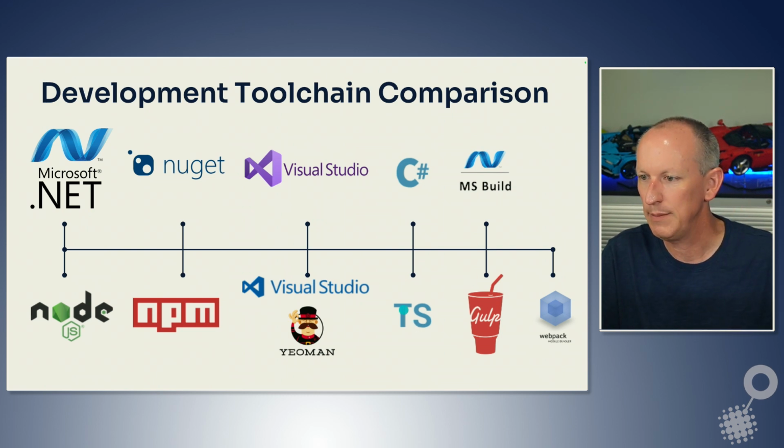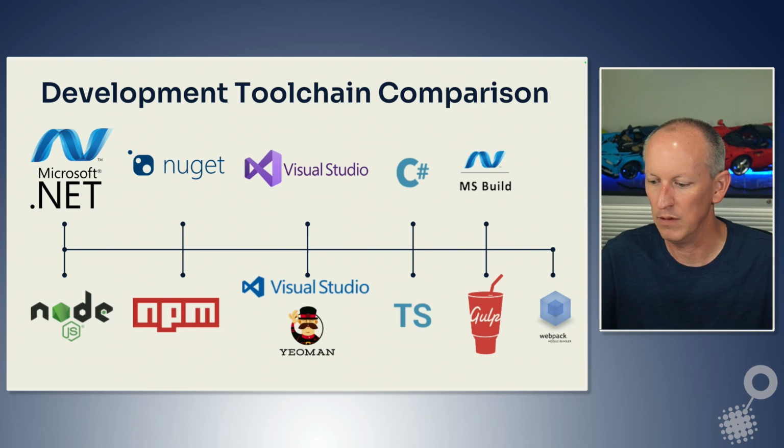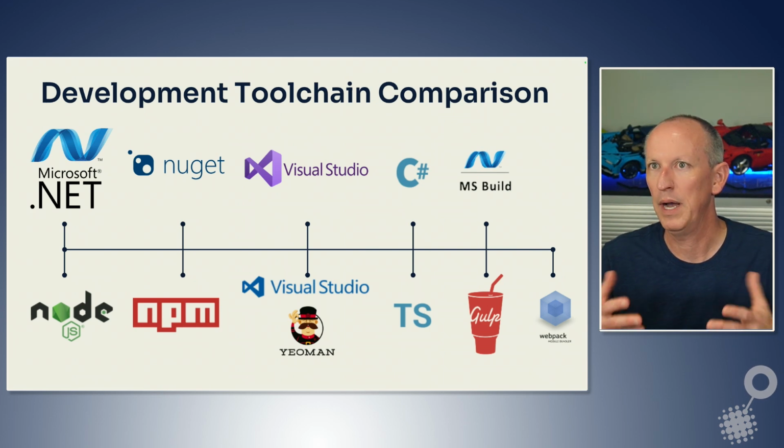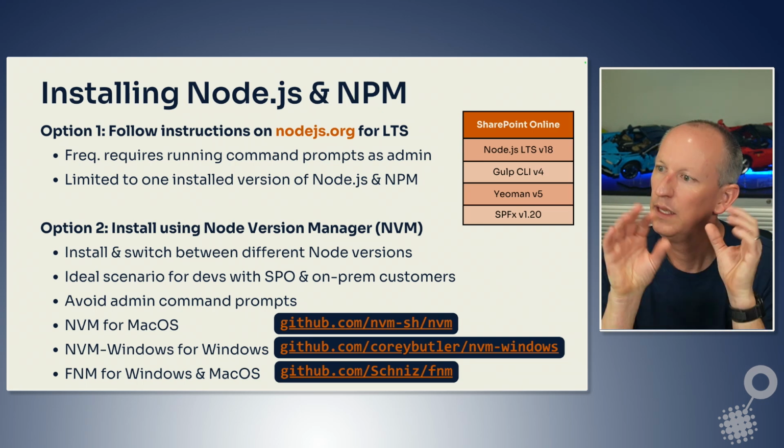We do TypeScript, we don't use C#, and we use Visual Studio Code, the blue Visual Studio, and Yeoman to replace where .NET developers use Visual Studio. We use NPM for our package manager where .NET uses NuGet. We use Node where you would use .NET. We use Gulp as a replacement for MSBuild. And then Webpack, there's no comparison to it because when you compile C#, it always compiles into a library.